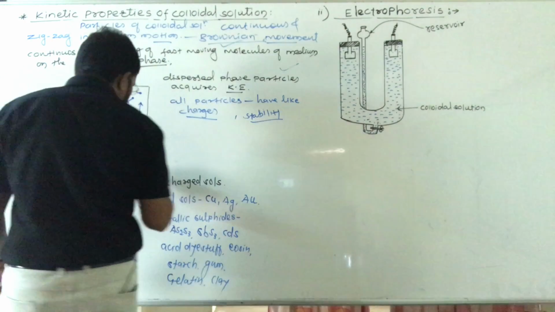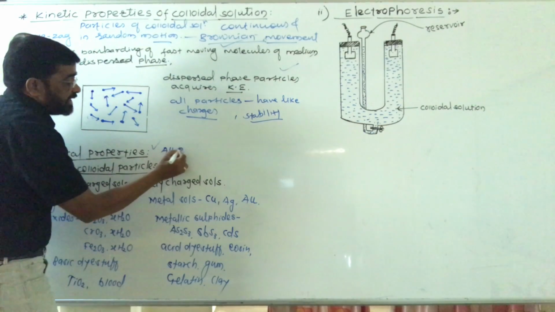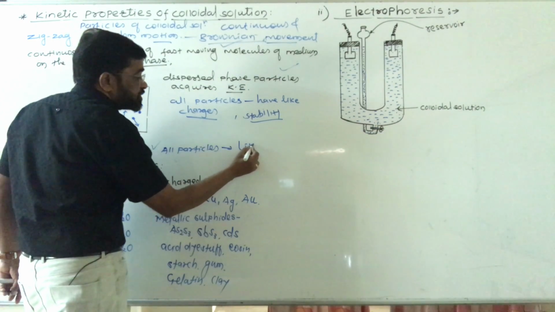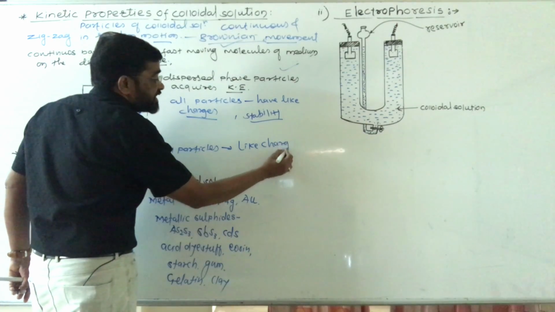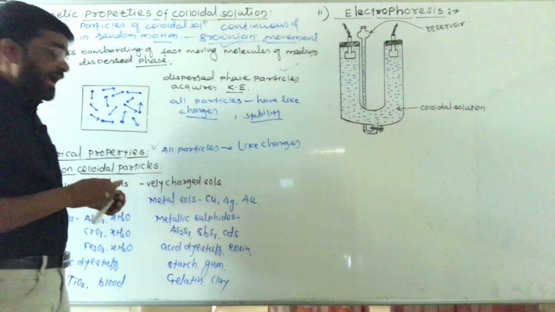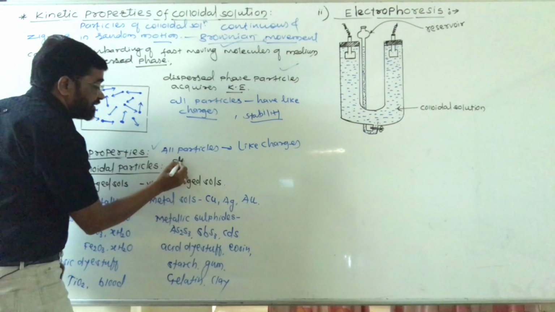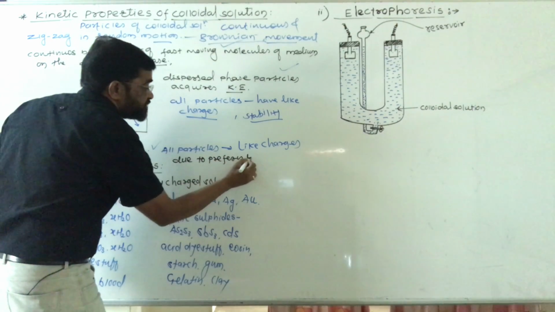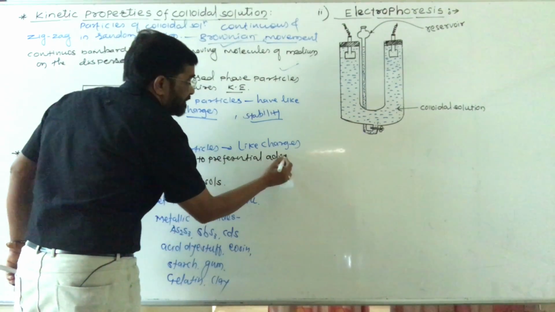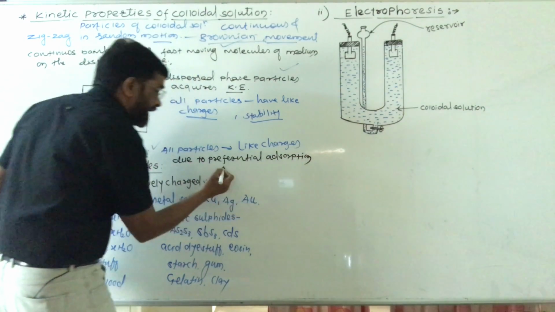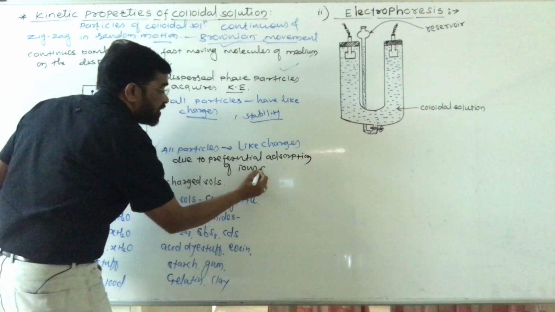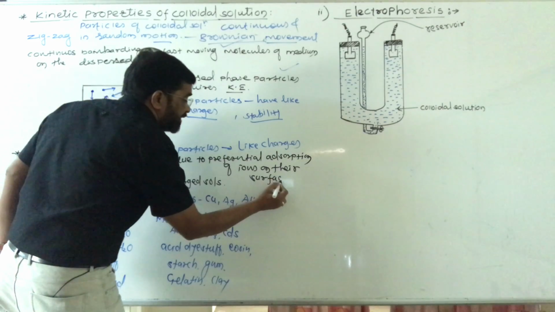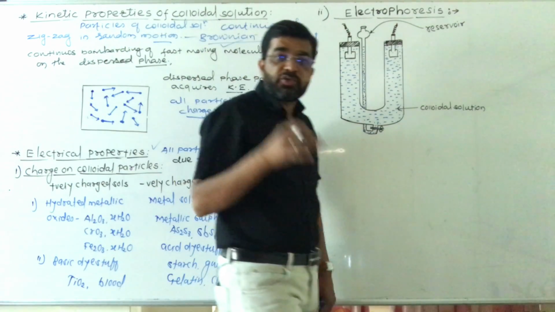One point you have to remember: all particles in a colloidal solution have like charges, and the charge on colloidal particles is due to preferential adsorption of ions on their surface from the electrolyte. Therefore they acquire the charge.